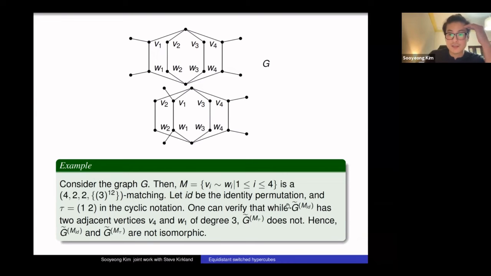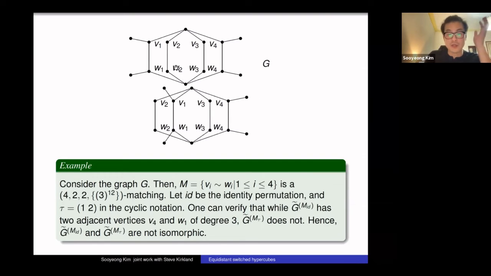Let's consider this graph, G tilde super M sub ID, which means we permute those 4 edges according to the identity permutation. Then here V1, W1, and so on. If we permute those edges according to tau, then we have this picture. Of course, they are the same.